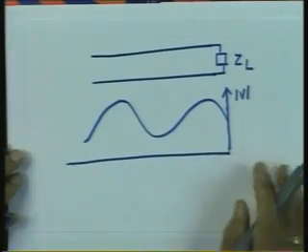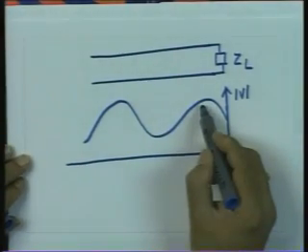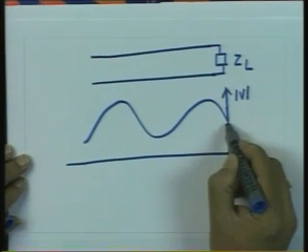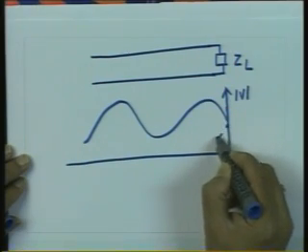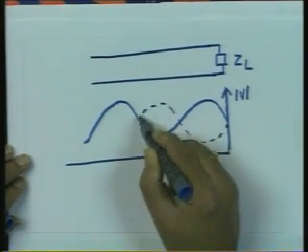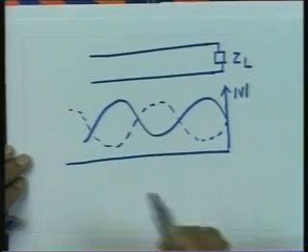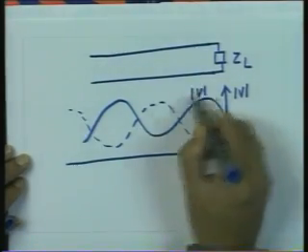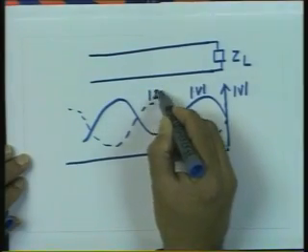And as we saw just now, that wherever voltage is maximum, the current will be minimum and vice versa. So, the current will go something like that. So, this is the plot for voltage mod V, and this is the plot for modulus of the current.